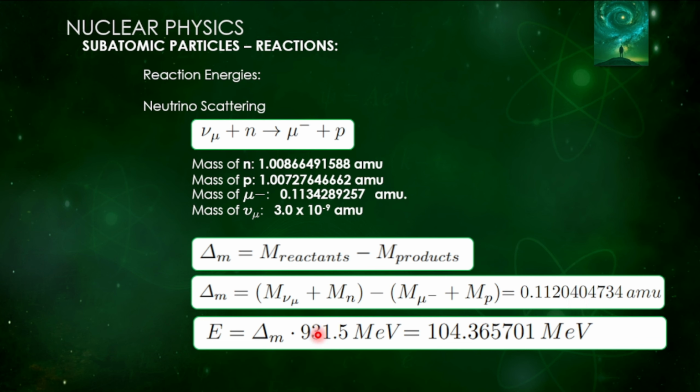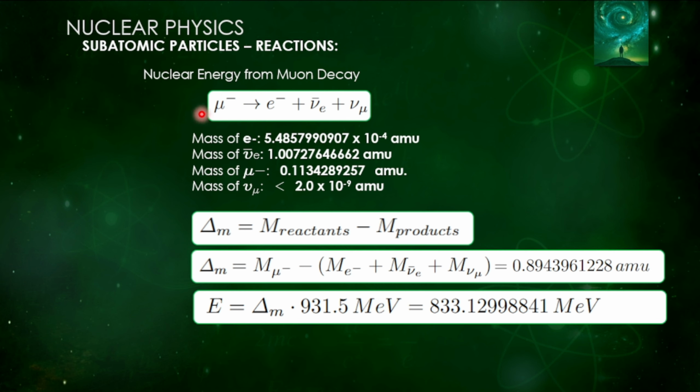So E equals delta M times 931.5 mega electron volts, which is 104.365 mega electron volts. It's actually a very powerful reaction, and it produces high energy from very tiny, low weight particles, such as the mu neutrino. So it produces a relatively heavy, energetic reaction. A massive energy.